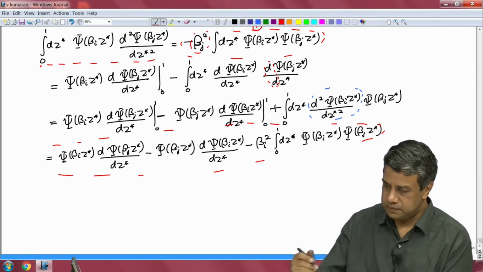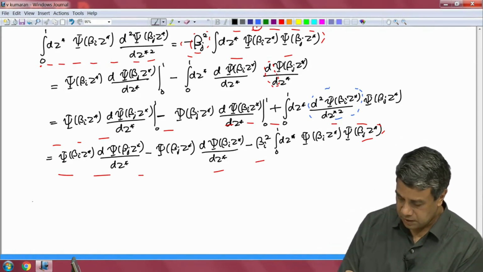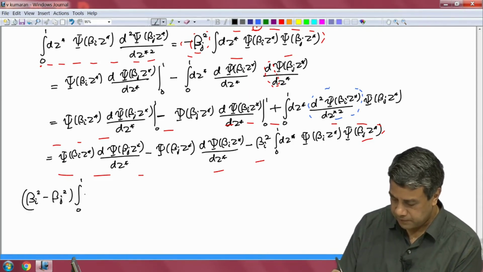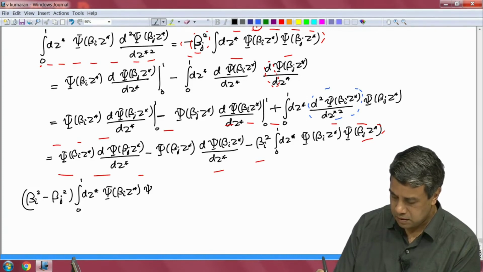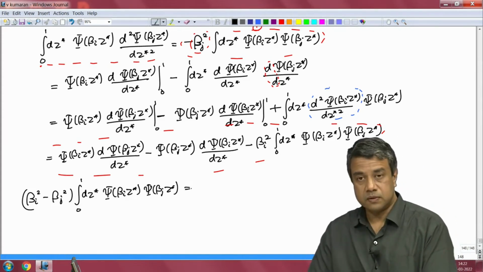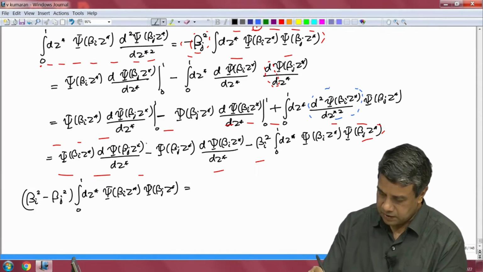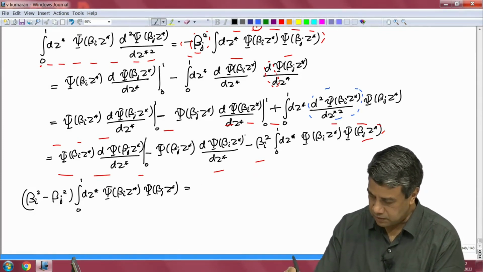So, therefore, I can take this second term on the right to the left hand side, and I will get beta I square minus beta j square, integral 0 to 1, is equal to this right hand side here, both of which are evaluated at 0 and 1. Both of these are the boundary terms.